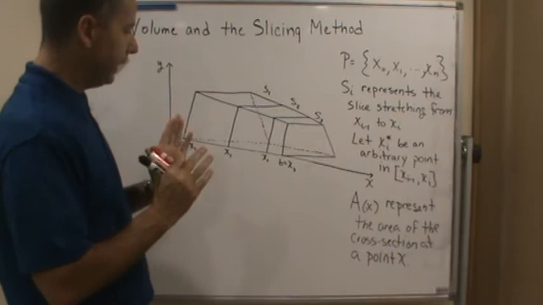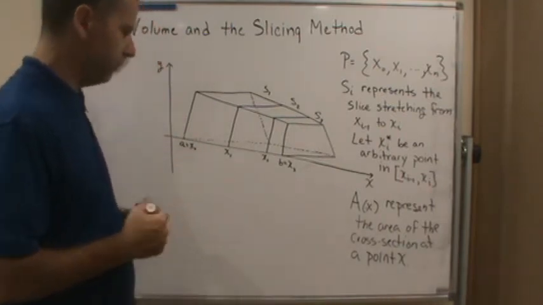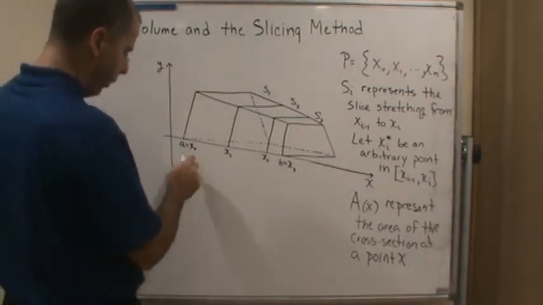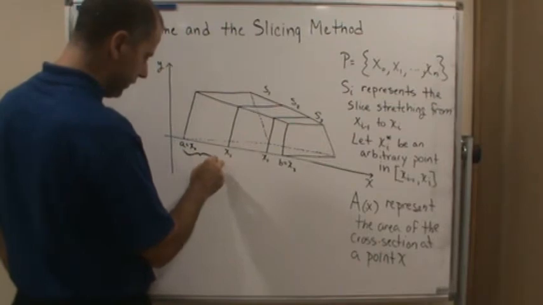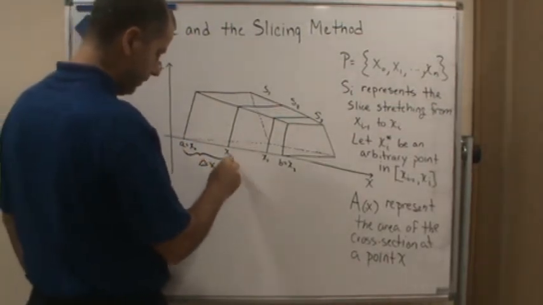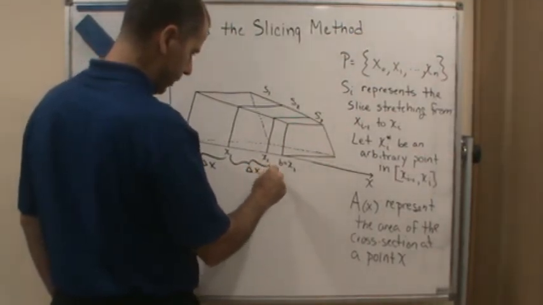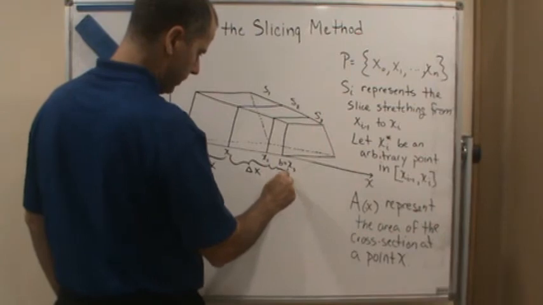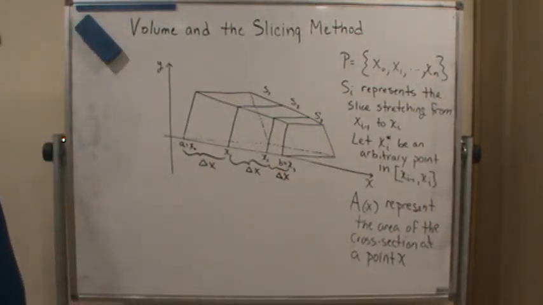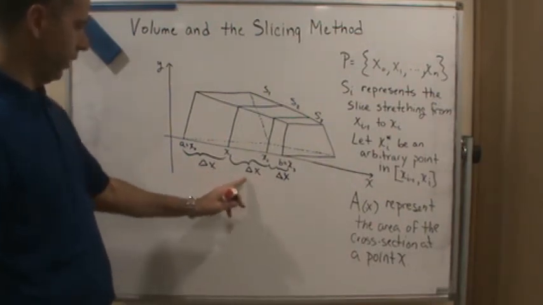Okay, so here's what we're doing. We're going to use a formula. How do we find the volume? From each one of these points is delta x. Now again, I did not draw my picture well, but these are the changes in x.